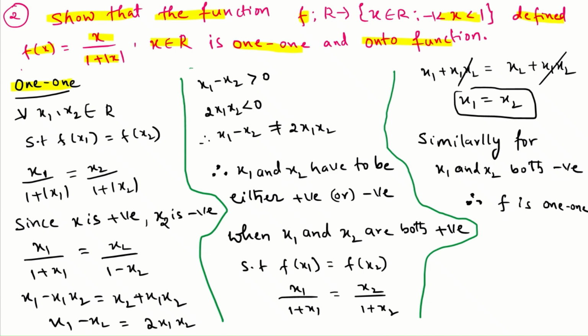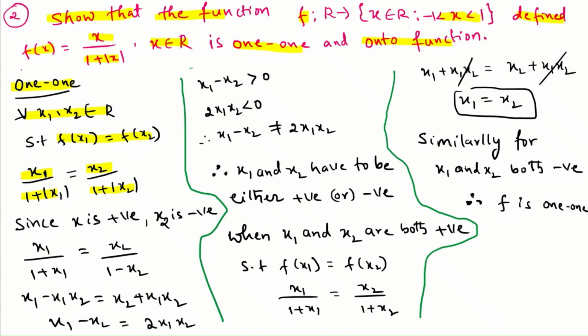I will take two numbers in the domain, that is real numbers, in such a way that their images are equal. f of x1 is equal to f of x2. As per the definition I wrote here, x1 by 1 plus mod x1 is equal to x2 by 1 plus mod x2.